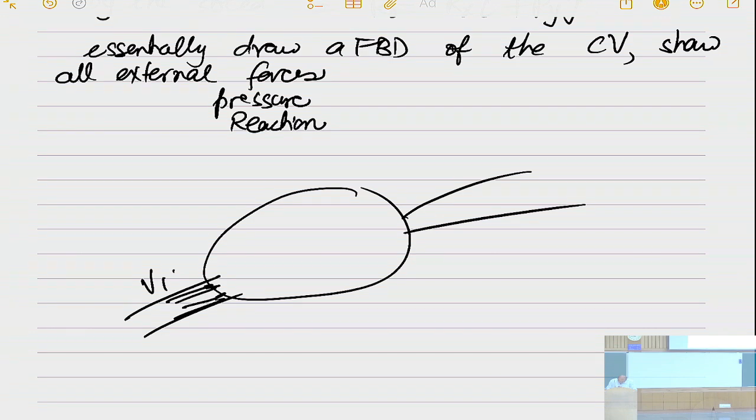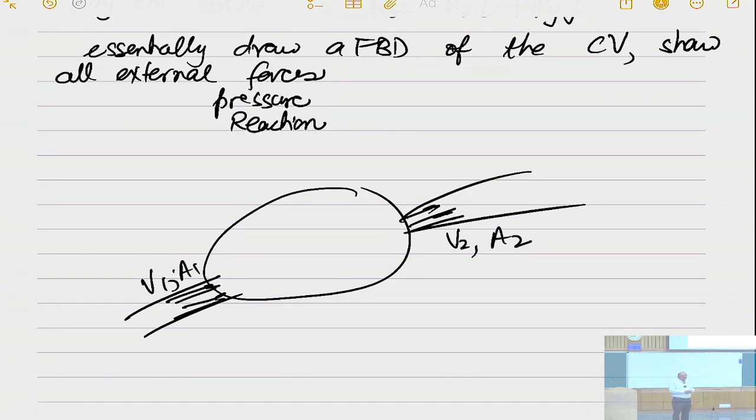Now, suppose we have a container in which there is one inlet, one outlet. The velocity with which the flow comes in is V1, area there is A1.